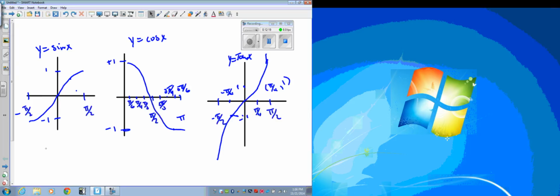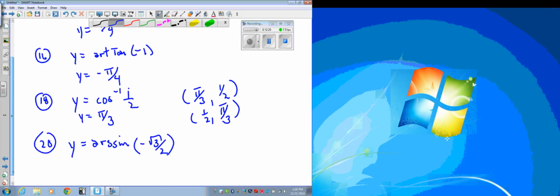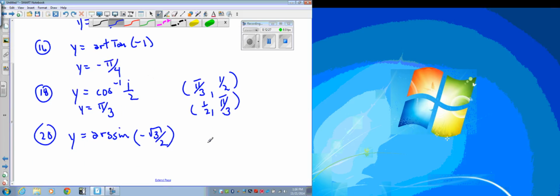See, it's a negative square root of 3 over 2 at what? The ordered pair that we're taking this off of is that at a negative pi over 3, we have a negative square root of 3 over 2.